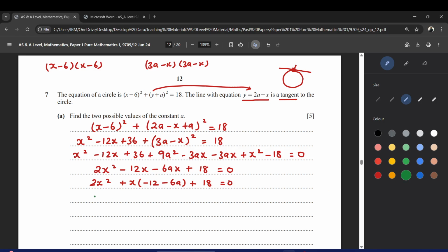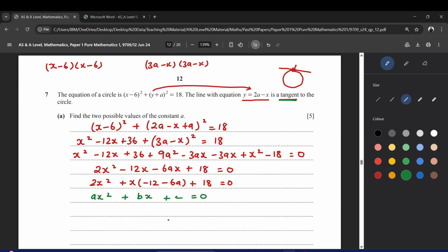Now you can see that this is a quadratic equation. If I solve this equation, what is the x coordinate going to give me? It will give me the x coordinate of the intersection point, right? So at the intersection point, there's only one root to this equation.